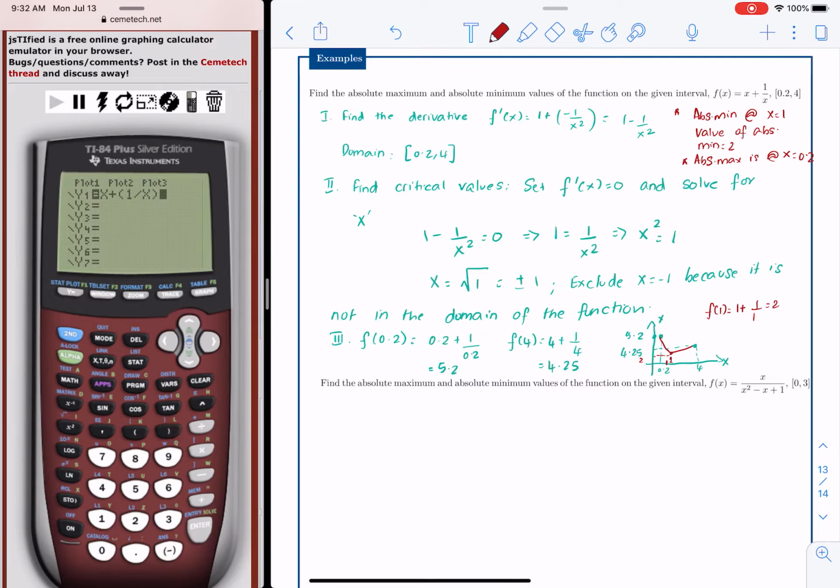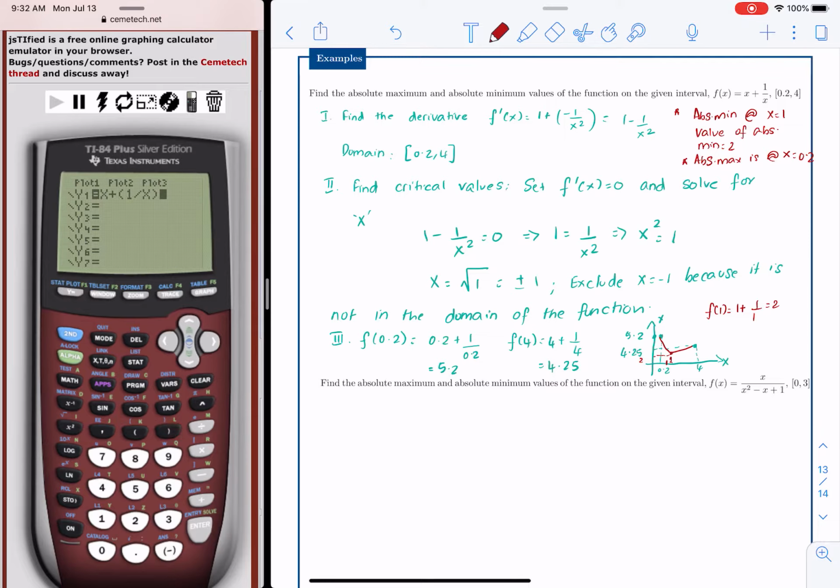Cosine 2u, and the domain is 0 to pi over 2, so that's all I care about. So 0 and pi over 2, and graph. I get something like that. So the place where it becomes 0, let me look at negative also.